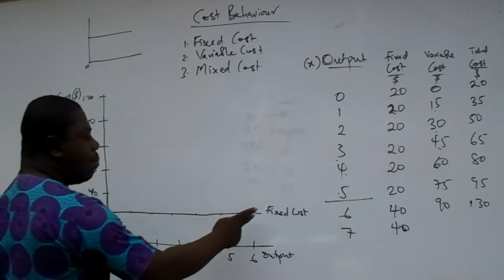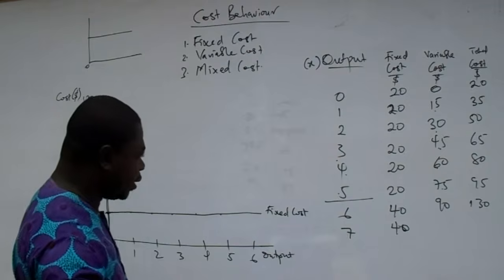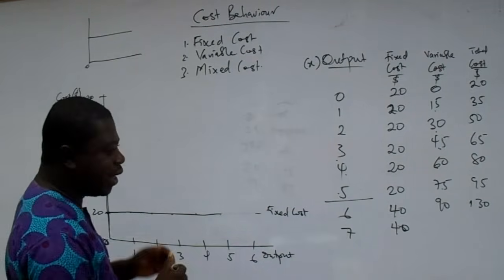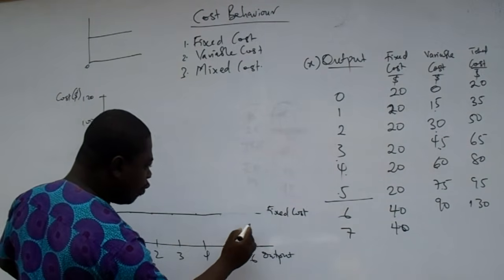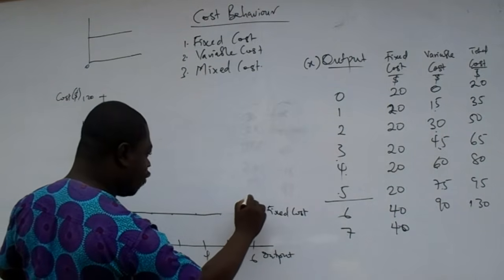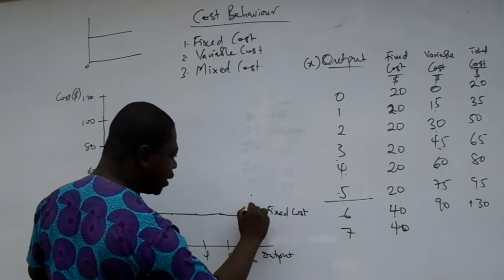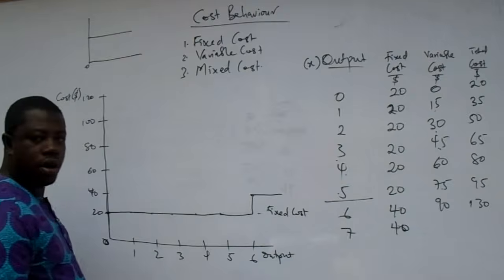Now I will come to a step up in fixed cost. Let us assume that at point 6, we are still going by this, fixed cost stepped up to 40. And so at point 6 we are not going to plot it here, but we are rather going to plot it on the line of $40. And so it will come this way and then step up like that and then continue to move on that line.